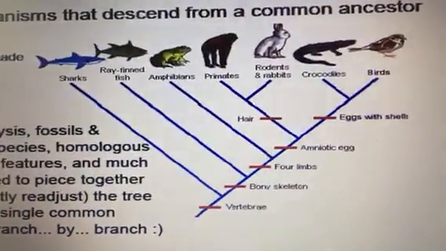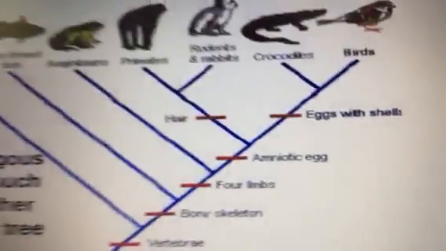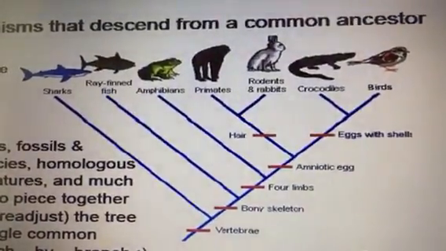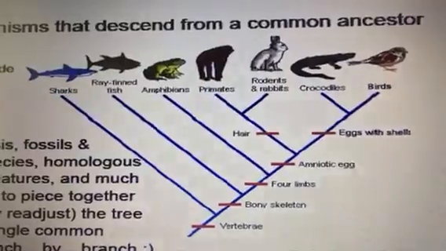And so here you'll notice that once you get a trait like a vertebrate spine or a skeleton or 4 limbs or an amniotic egg, all of the descendants have that trait. Generally in evolution you gain traits, not so often do you lose them.